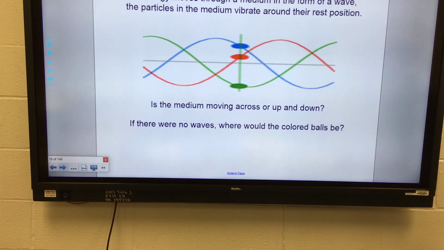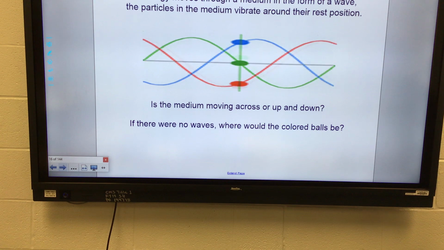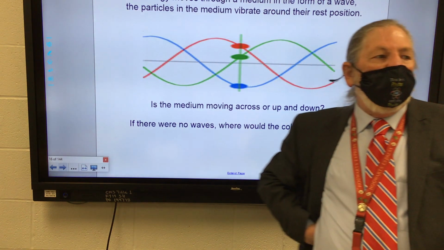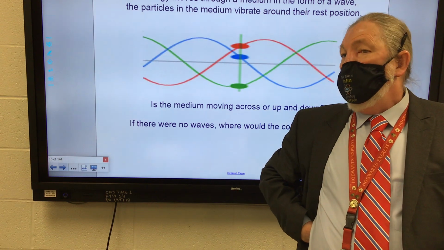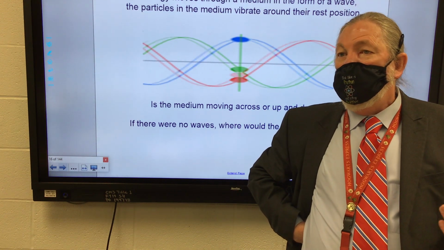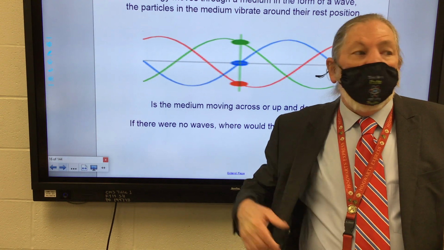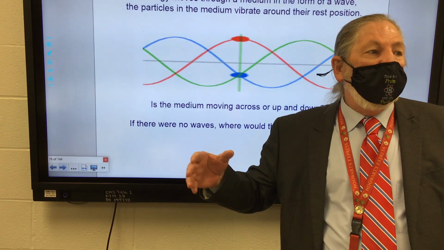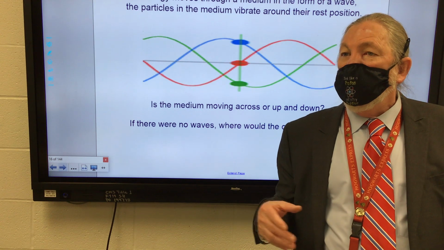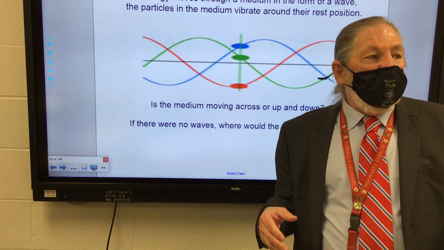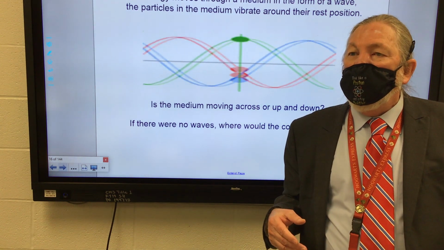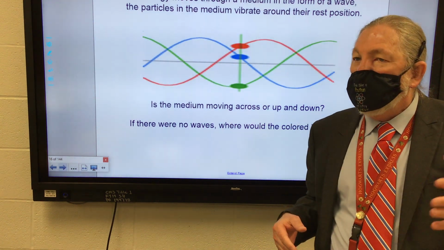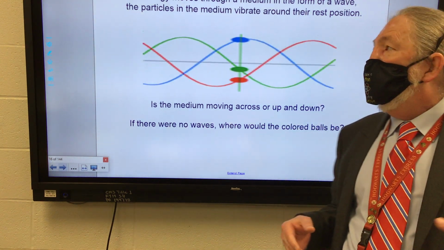So when you have a wave coming towards you in the ocean, or on a lake, or even in an outdoor blow-up swimming pool, when you get waves started in there, it's not the actual water moving, it's the energy moving through the water.